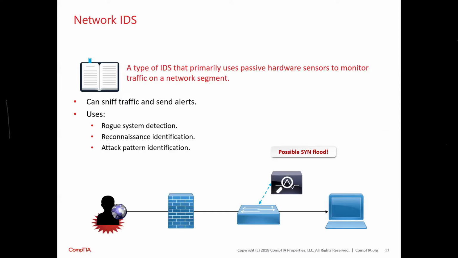You may have something called a network IDS, a type of IDS primarily used to monitor traffic. It is a passive hardware sensor that allows you to monitor the traffic on a specific segment, sniff the traffic, and send alerts. Normal uses would be rogue system or unauthorized system detection, reconnaissance, and attack pattern identification. For example, it allows you to detect any possible SYN flood.